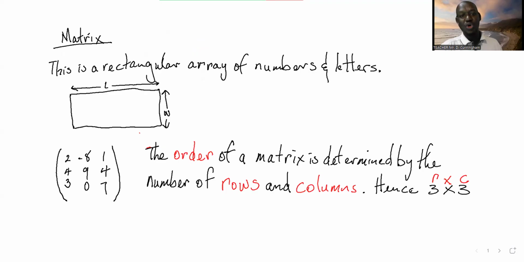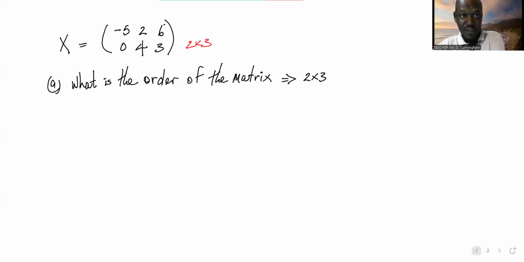We looked at the order of the matrix, which is determined by the number of rows. Rows always first, R, and then columns, C. So we were just having a little practice in terms of where is the row, where is the column.